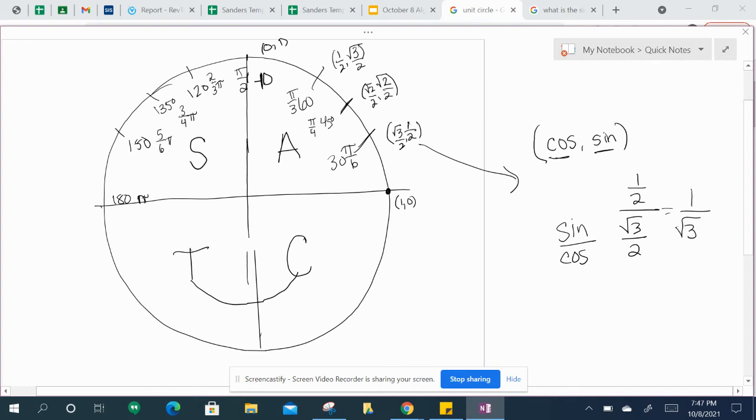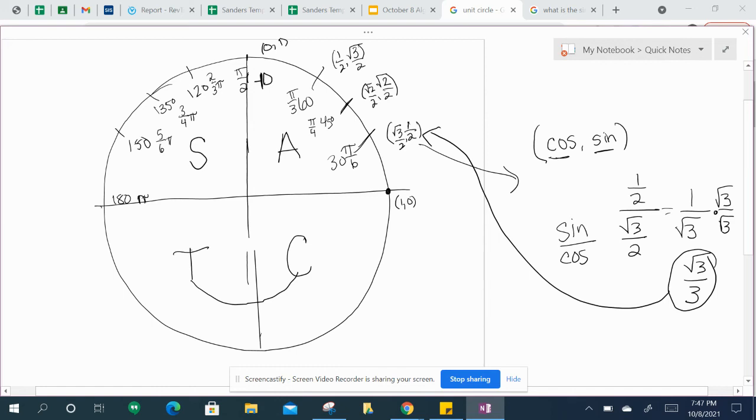Now, we typically don't want to leave a radical in the denominator, so you may have learned this process called rationalize the denominator. And so this would end up as the square root of 3 over 3. So that would become the tangent of this point here.